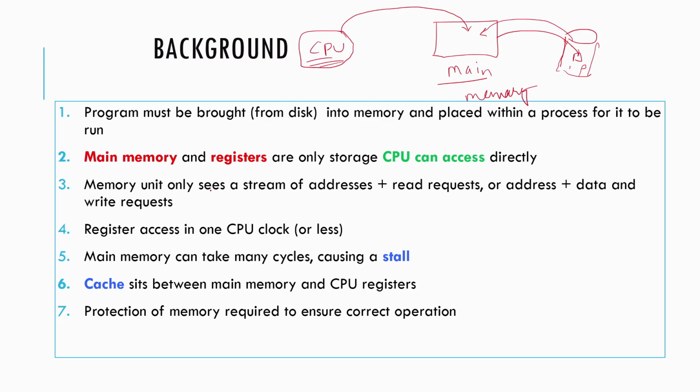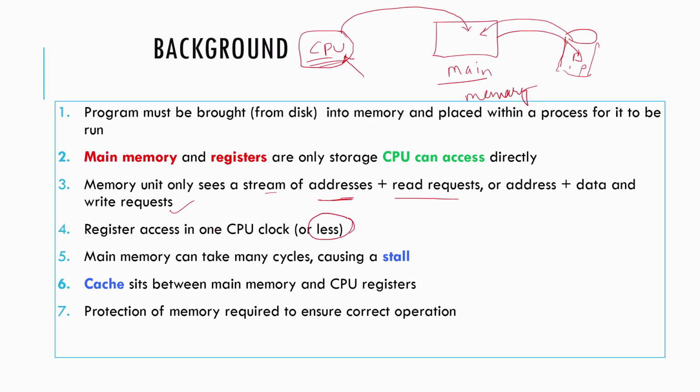So the memory unit only sees a stream of addresses. It will look at the address, then read requests, or address plus data and the write request. You will see only those things. And register is the closest to the CPU. Whatever register memory is there, it is very close to the CPU, and for that the access time from the CPU is very less.